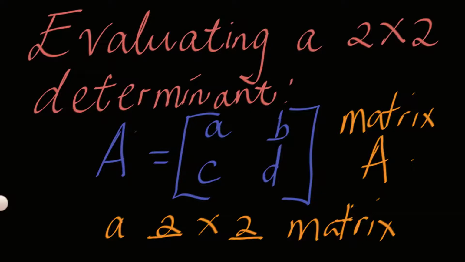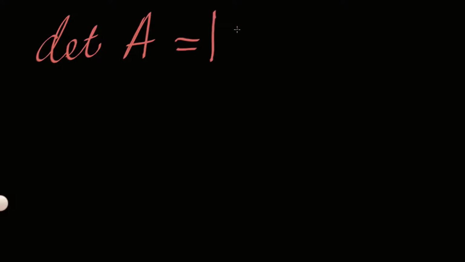So from having matrix A, let's go to the determinant of matrix A. This is the notation that we use. I'll write det A. It's meant to say the determinant of A. We also represent this by using straight lines and putting A in the middle.